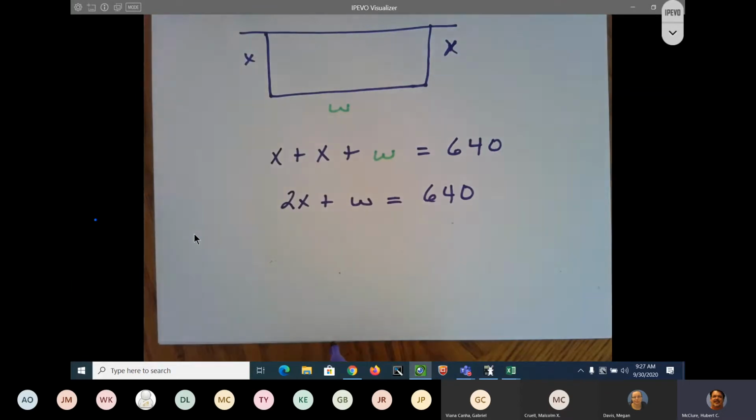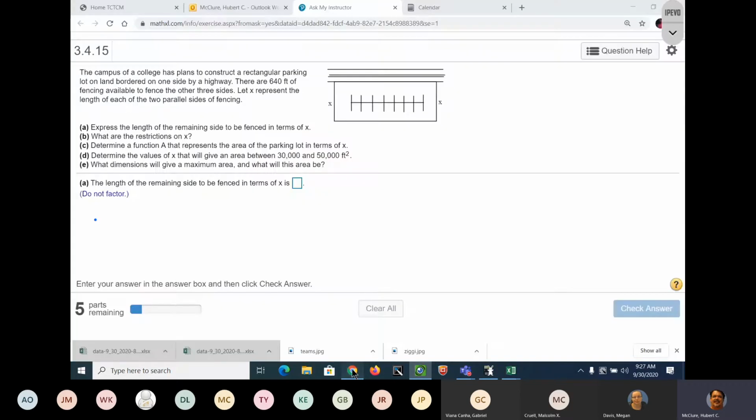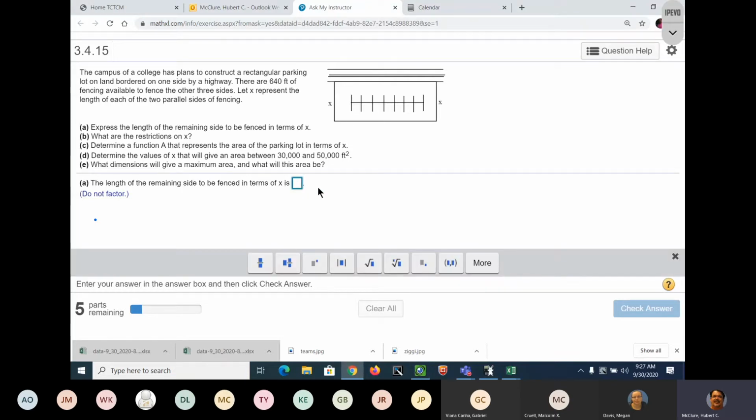Now they probably have 2x plus y or something like that, but that's probably what I would say. Express the length of the remaining side to be fenced in. 2x plus W, or I'm going to try y, is equal to 640.